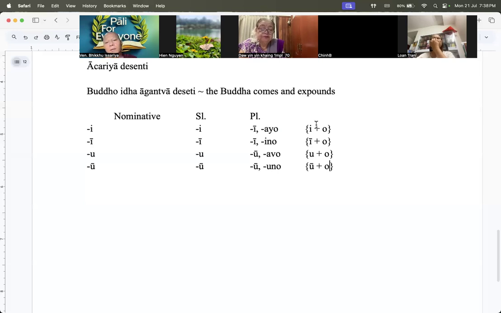So this E can be changed to the aya. So that is why we have the aya like the ayo. So E changes to aya. That is how we have the ayo. And then U changes to the awa, so we have the awo, you see, in this way.